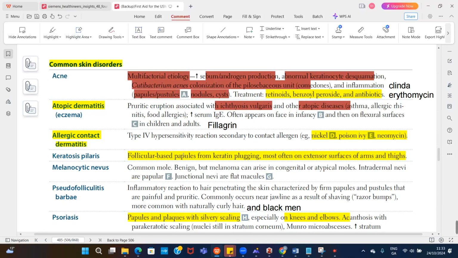It could be plants. There are some plants that contain a particular allergen called urushiol. And you call that the poison ivy.